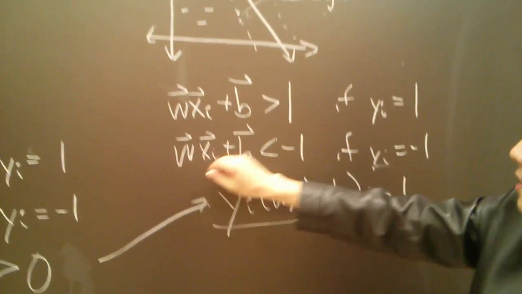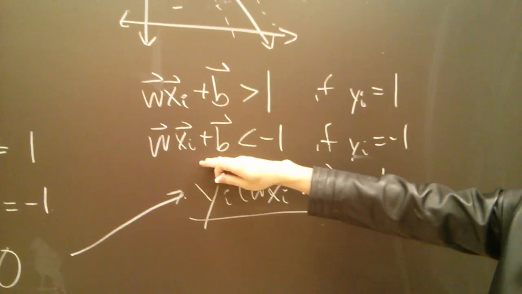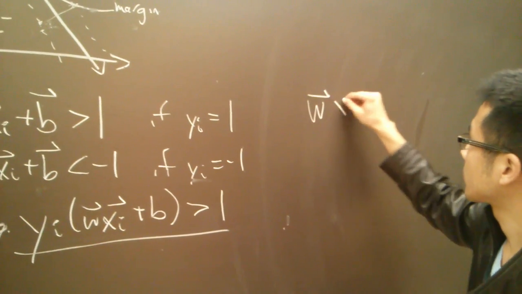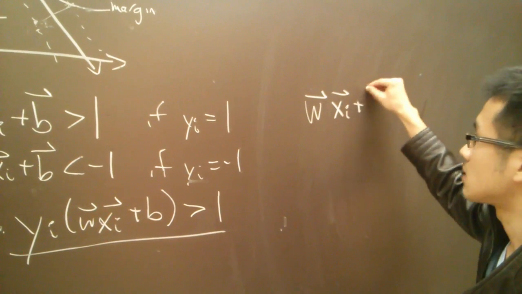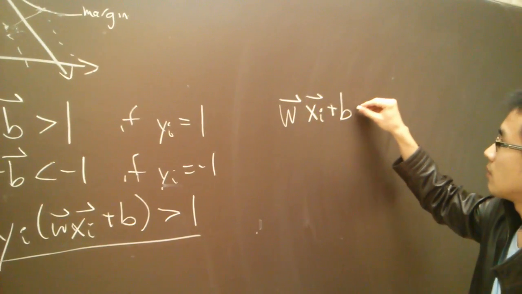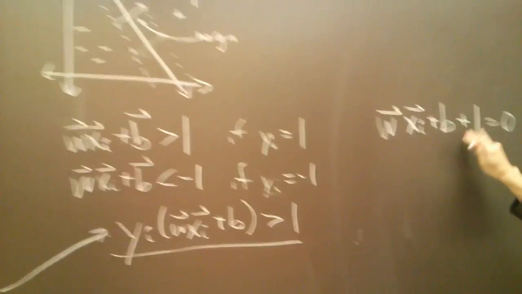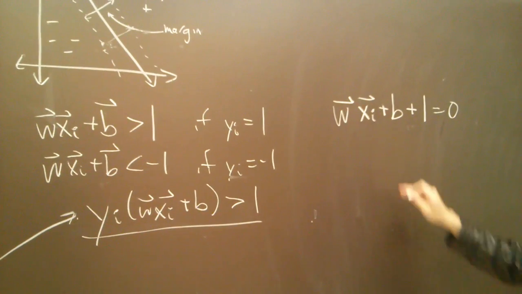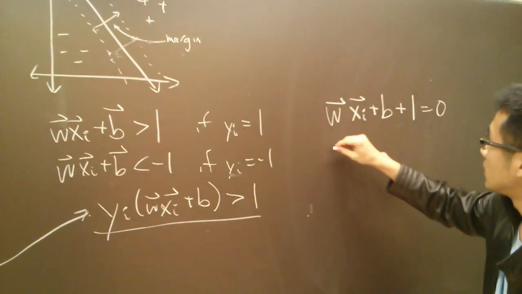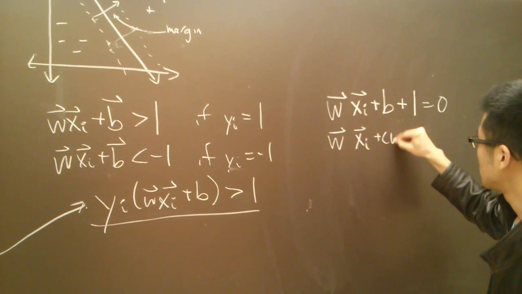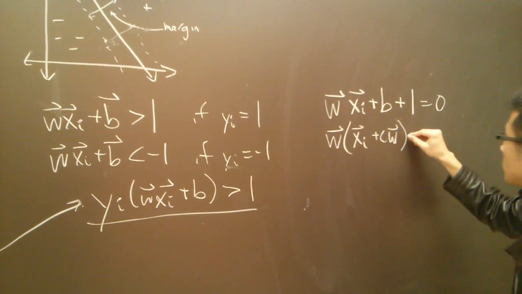Let's say we start at this plane right here. If we have a point on this plane, then that point will satisfy this equation: w·x + b + 1 = 0. Here I'm just moving the plus 1 from over here to this side, all right? And then to bring us to the other hyperplane, we're just going to add some normal vector cw to the original point x.